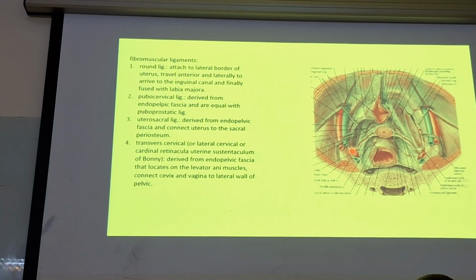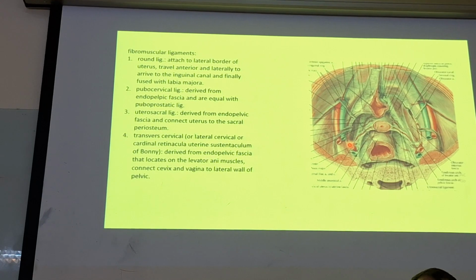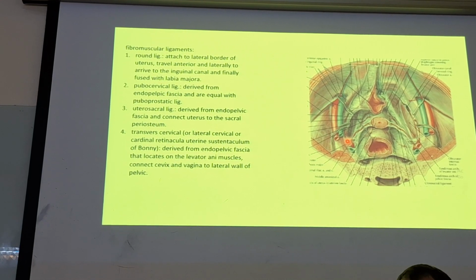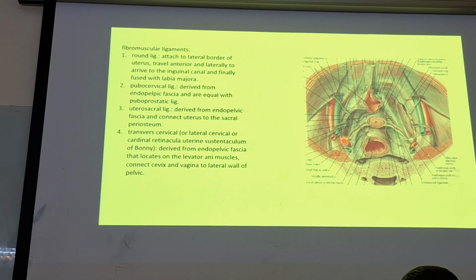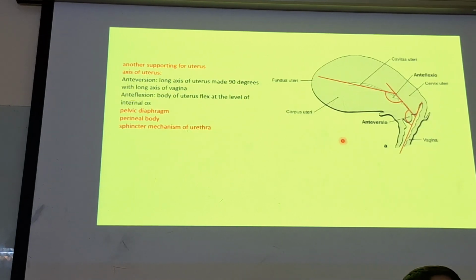These four ligaments are categorized as true ligaments of the uterus. And we have three false ligaments which are derived from peritoneum.